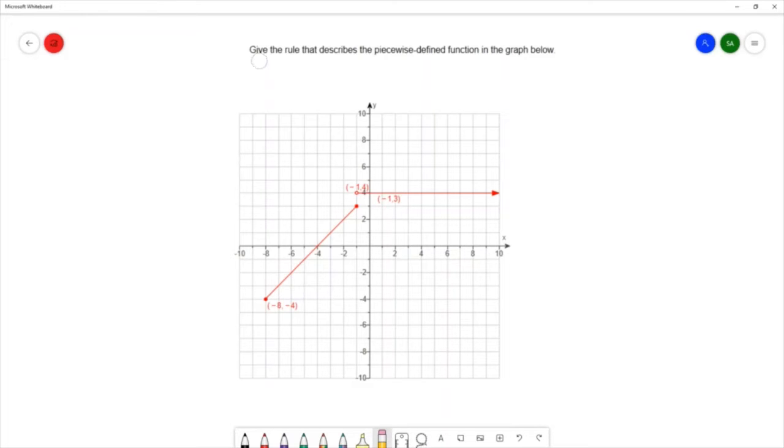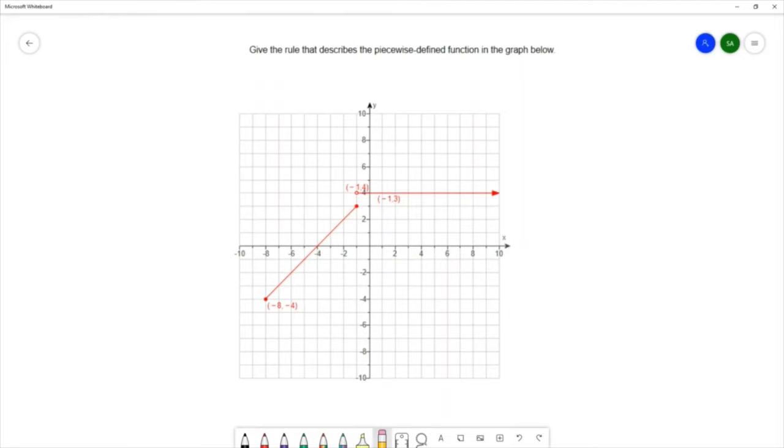For this question, we want to give the rule that describes the piecewise defined function in this graph. So we have a picture here of a graph, and we want to find the rule or the equation that matches this particular graph. So I'm going to start by figuring out the conditions on each equation.